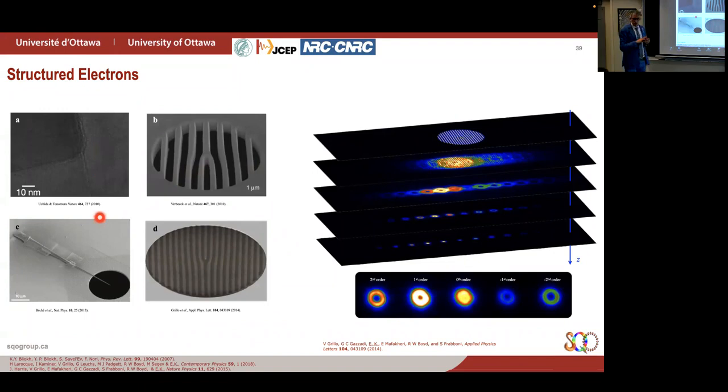Due to diffraction or interference, you get a single electron beam carrying orbital momentum. You can do it with an electric field, or with a more sophisticated holographic approach, which took us about 2 years to reach. If you have a single electron in an electron microscope going into a hologram, you see the diffraction orders, and in the first order you have an electron which is twisted, having a certain orbital angular momentum or magnetic moment.